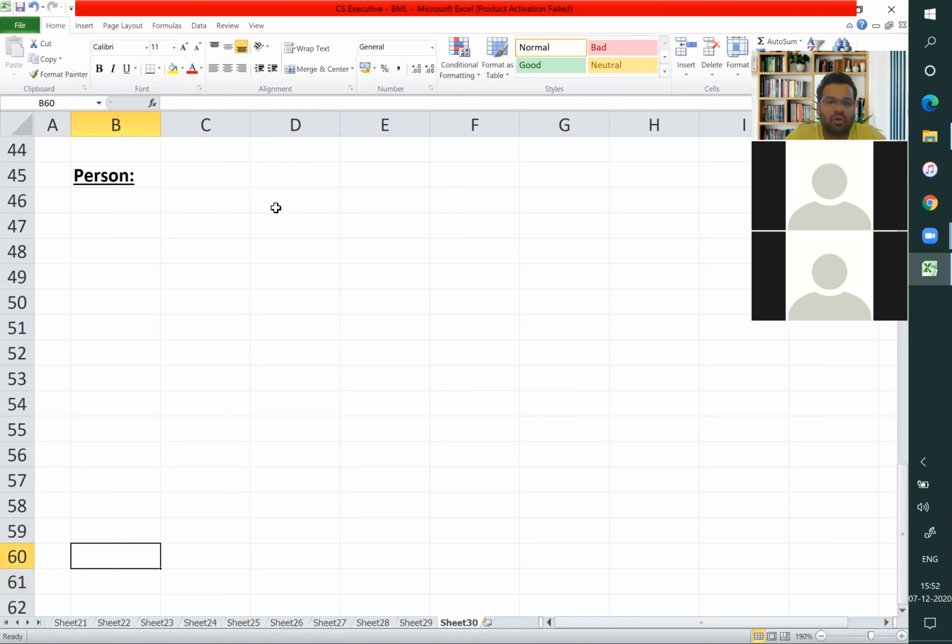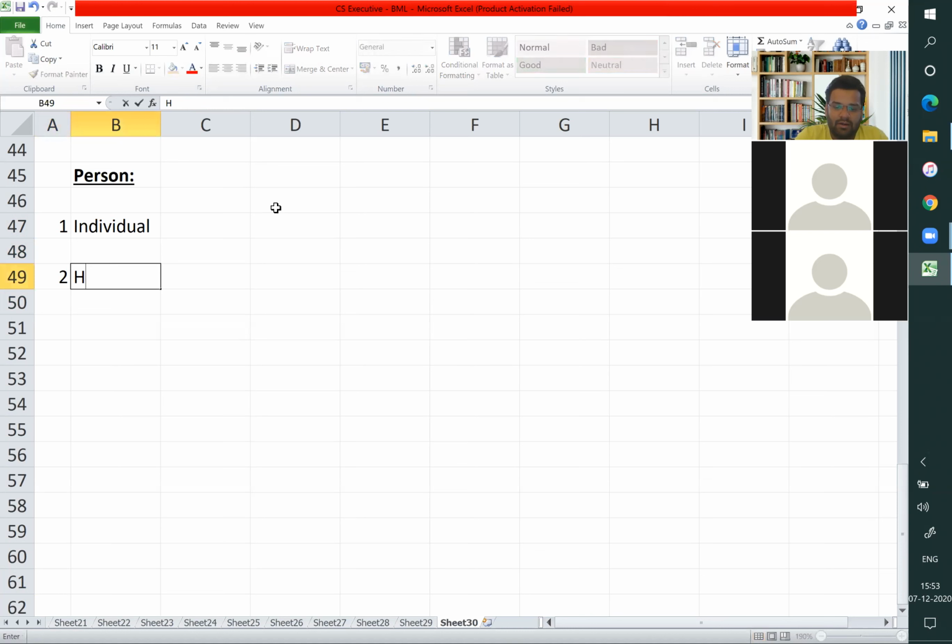So person means what? Person means individual. As an individual, you are earning salary, doing business, you have invested in fixed deposits, shares, debentures, and you are getting income out of that. Will you pay tax on that? Yes.